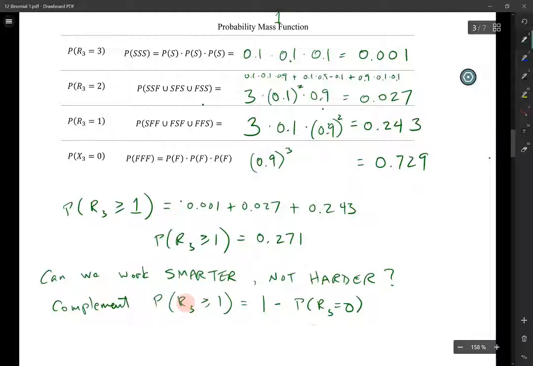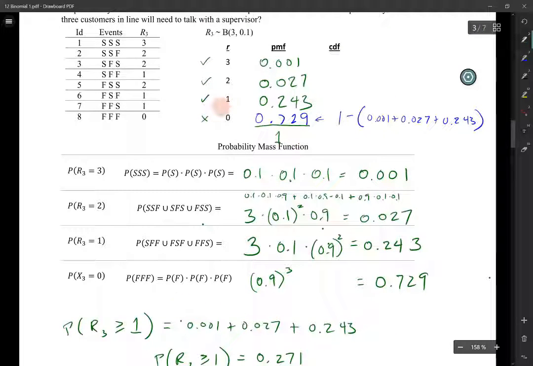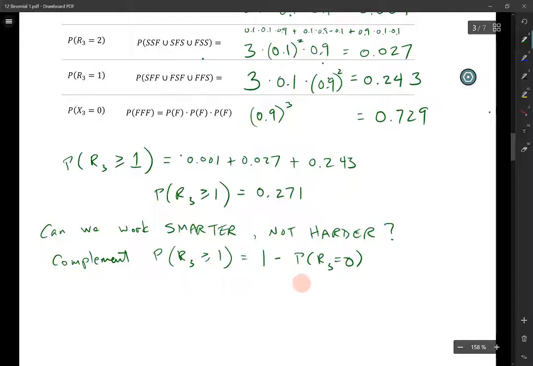Okay, the probability that it's 1 or more is equal to the total probability minus the probability that none of them need to talk to the supervisor, right? So 1 minus 0.729 equals 0.271, so that checks out.